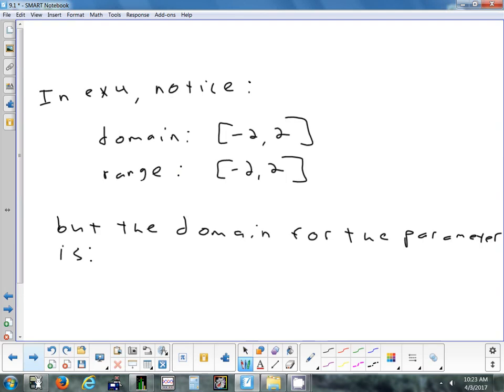Okay. So what was the domain that we used for the parameter to get a full circle? And how would you write it?